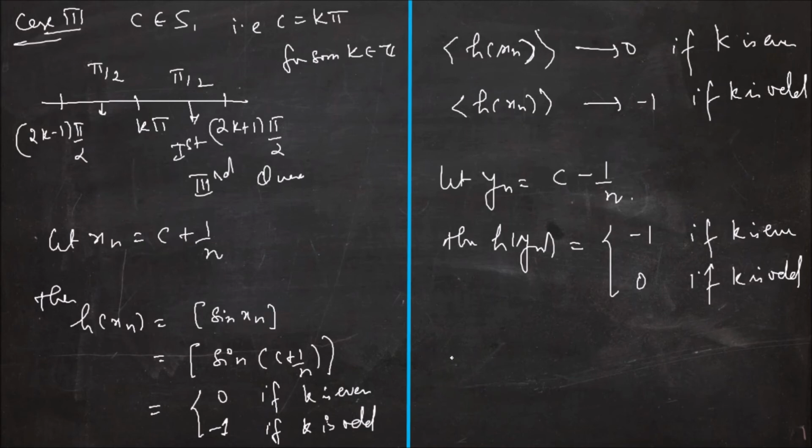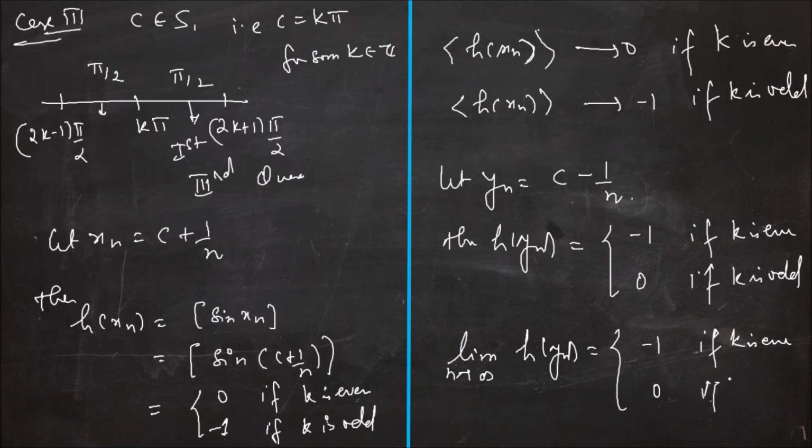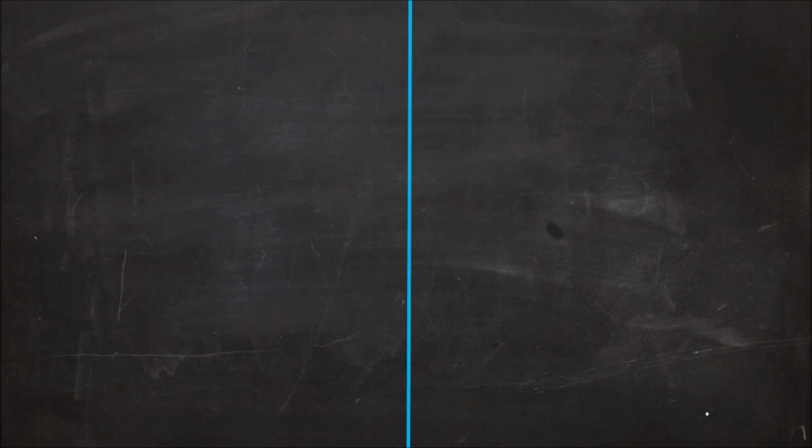So the limit as n tends to infinity of h of yn is -1 if k is even and 0 if k is odd. So in case of even, h of xn is converging to 0 while h of yn is converging to -1, while in case of odd, h of xn is converging to -1 and h of yn is converging to 0. So in either case, the sequences h of xn and h of yn are converging to different limits.